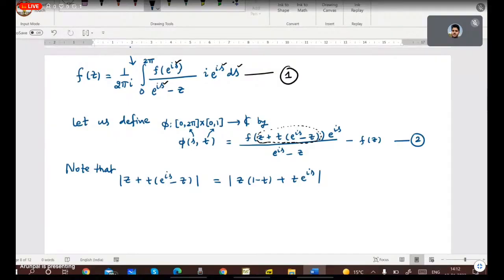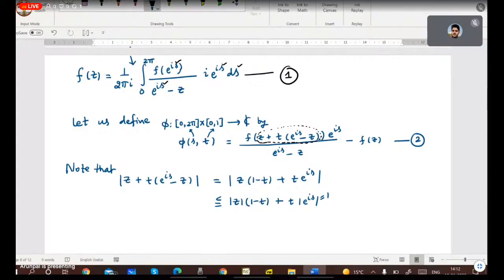I have just collected the terms containing z, and then using the triangle inequality, it will be this plus this. I have not taken the modulus outside 1 minus t because t is less than 1, so 1 minus t will be positive, and likewise here because t is bigger than 0 it will be positive, and modulus of this. Now class, you know that modulus of e to the power is always 1, right class?